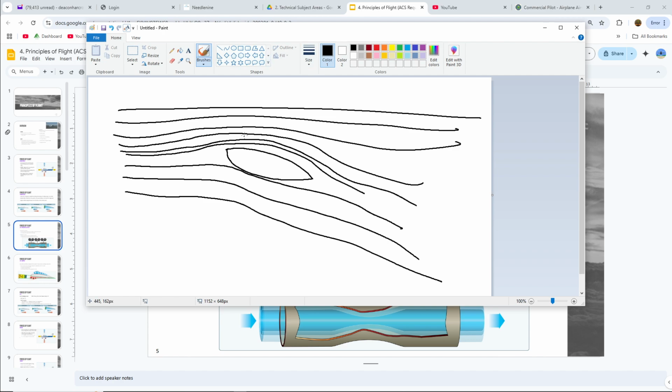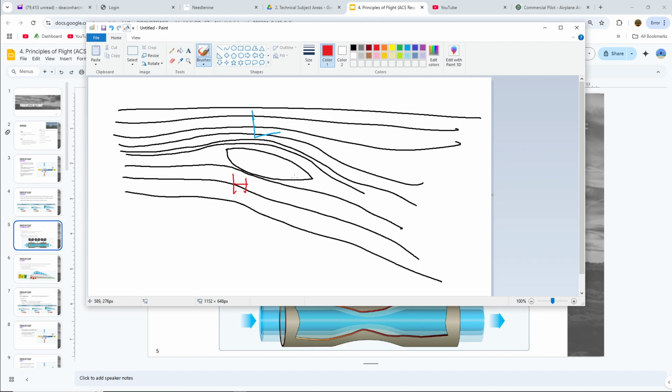What Bernoulli's principle states is that as the speed of a moving fluid changes, the speed of our air, which is a moving fluid, its pressure changes. So as this air speeds up over the top, we get an area of low pressure. It's going to be an L for low pressure. And then underneath the wing, the airflow slows down, so we get an area of high pressure.